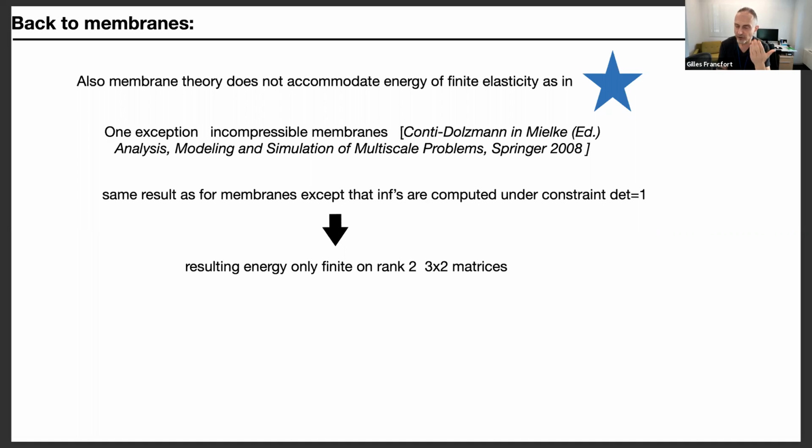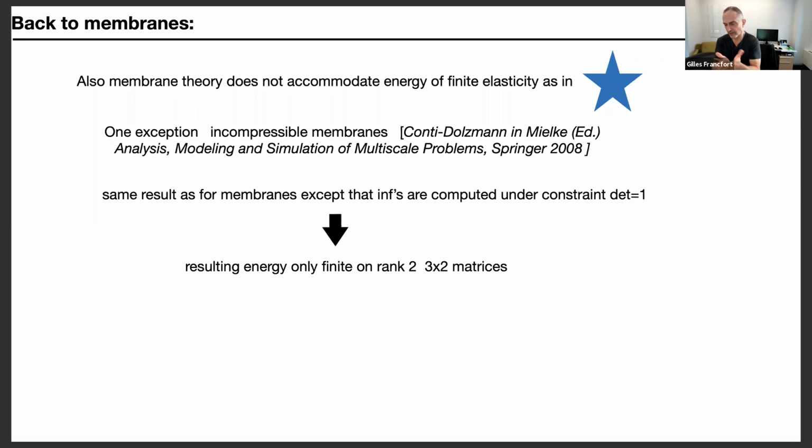And you get the same result that Irene showed last time, except that when you compute the inf, you have to compute it under the constraint that the determinant should remain 1. And when you do that, you get a model where the resulting energy is only finite on rank 2 matrices.